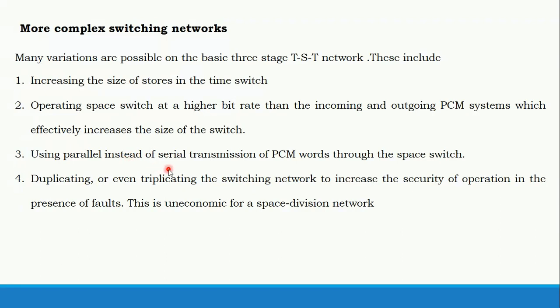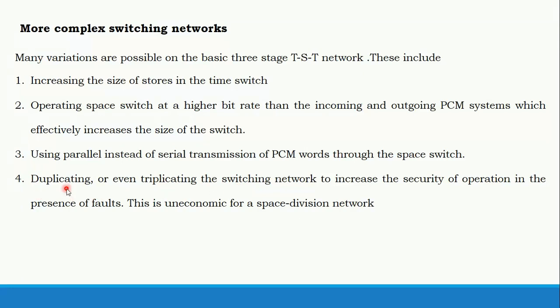Then I hope you know about different types of transmission. If you have serial transmission, go for parallel transmission, that means it will speed up the procedure. Then to increase the reliability, I hope you remember duplication, but here there is one next stage called triplication also, which will increase the security and reliability of the operation of the switching system.